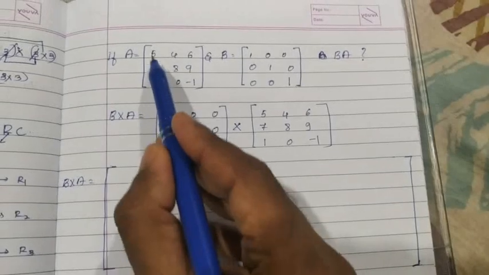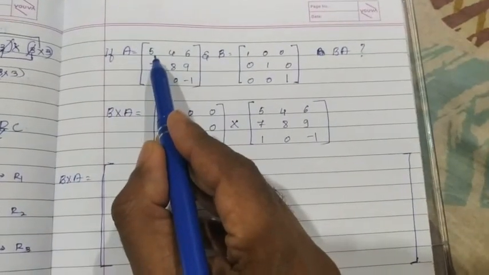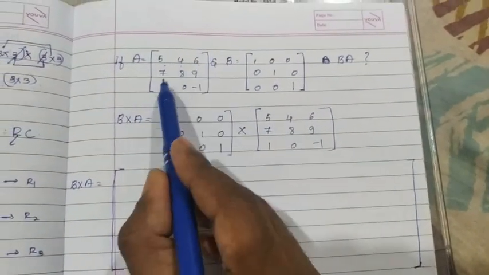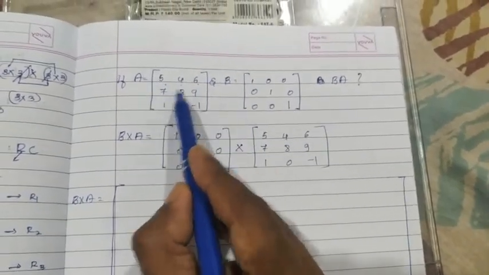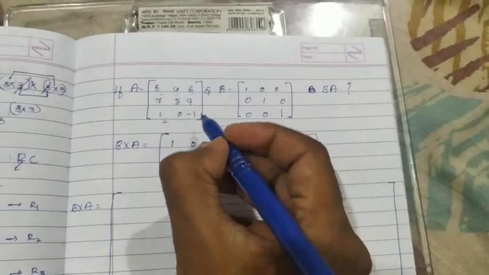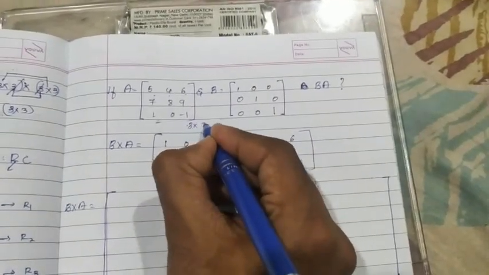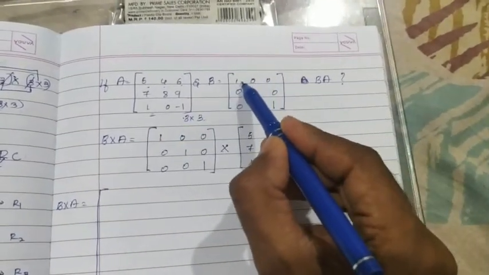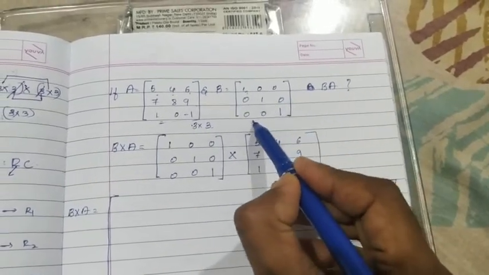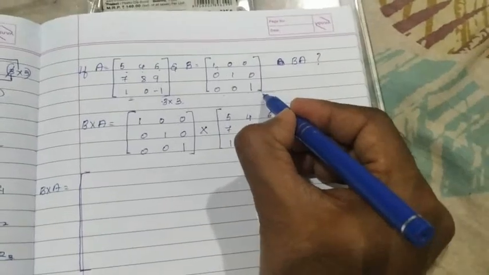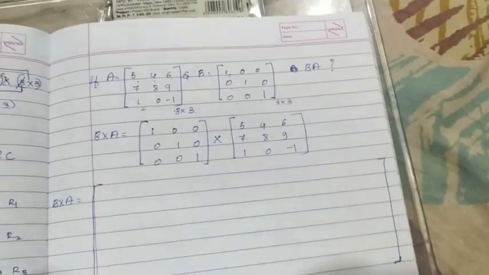Matrix A has the elements 5, 4, 6, 7, 8, 9, 1, 0, minus 1. So we have 3 rows, 3 columns. The matrix order is 3 into 3. Matrix B has the elements 1, 0, 0, 0, 1, 0, 0, 0, 1. This is also a matrix of 3 into 3.